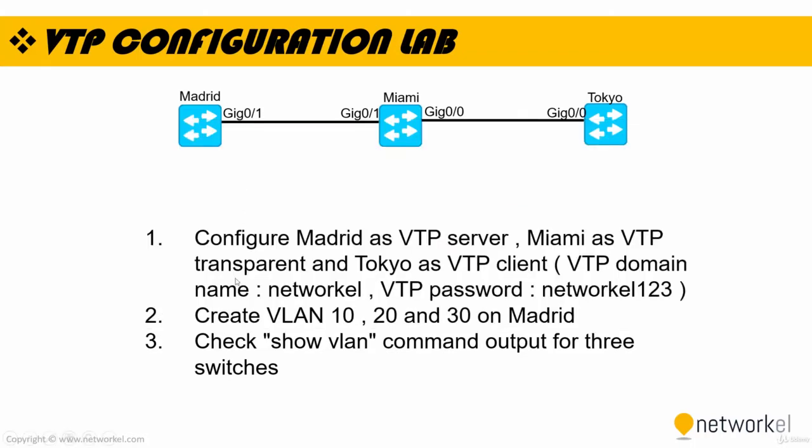Let's look at the second step. Create VLAN 10, 20, and 30 on Madrid and check the show VLAN command output for the 3 switches. Let's go.